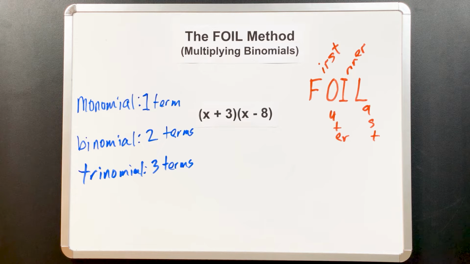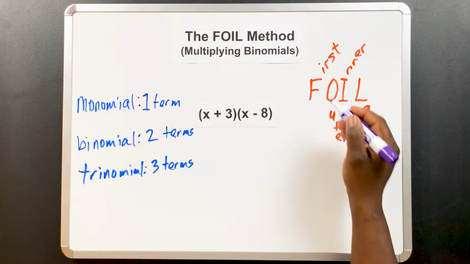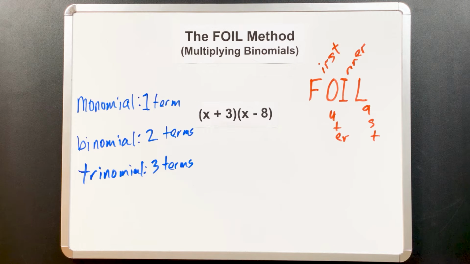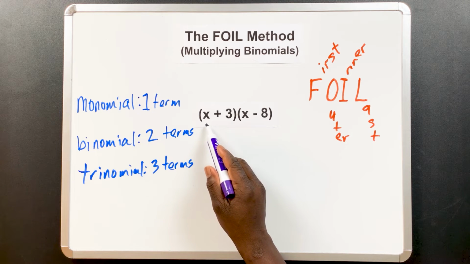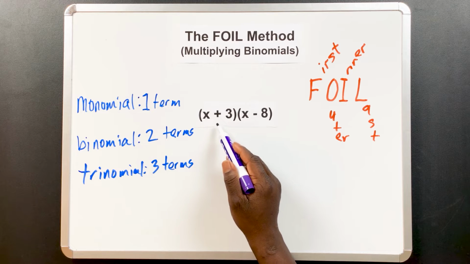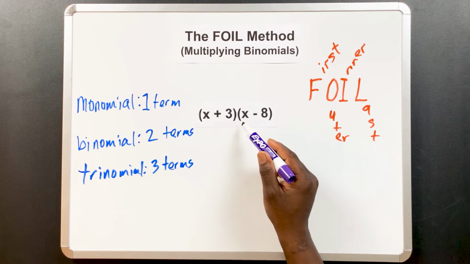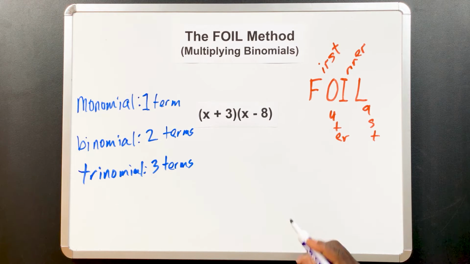So we're preparing to go ahead and multiply, and I'm going to narrate it in relation to first, outer, inner, and last. So this is the first term of this binomial expression, x plus 3. And this is here the second term, first term and a second term.